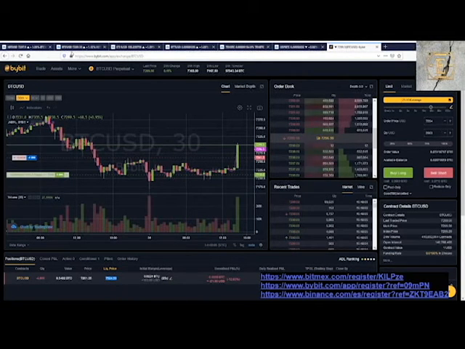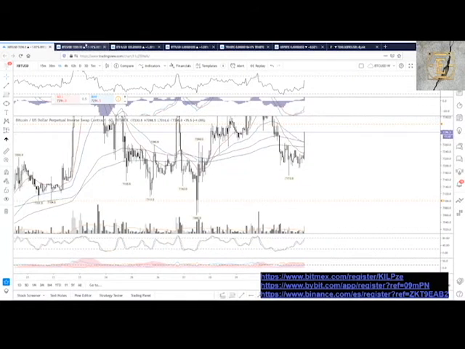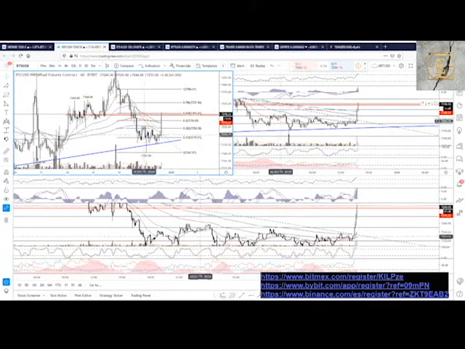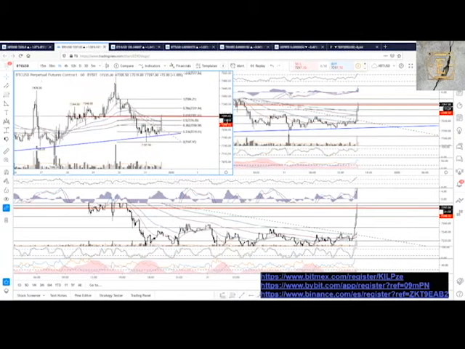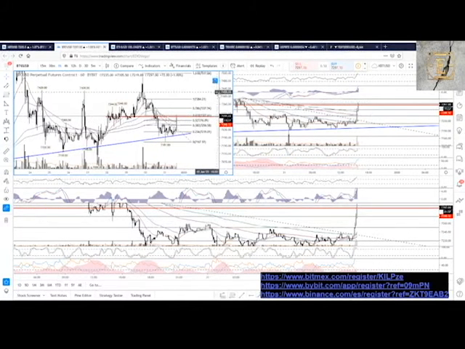I can play with this, but I don't have much money here. So I need to know where to put my stop loss now.